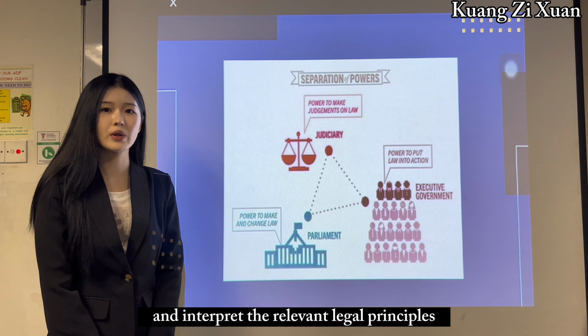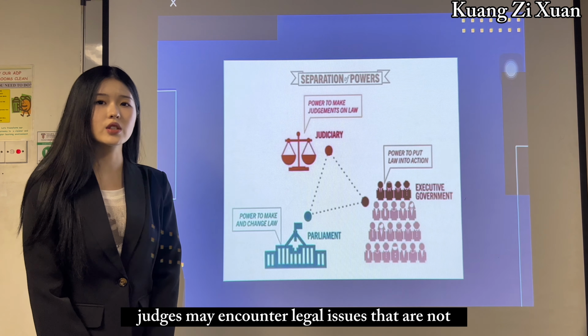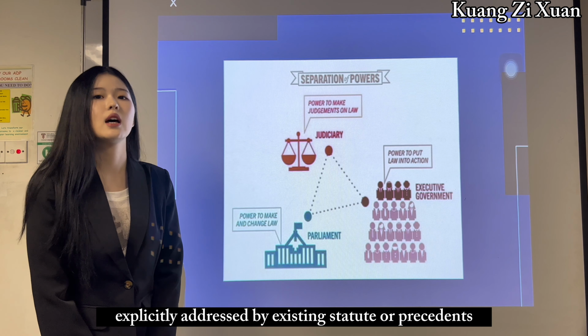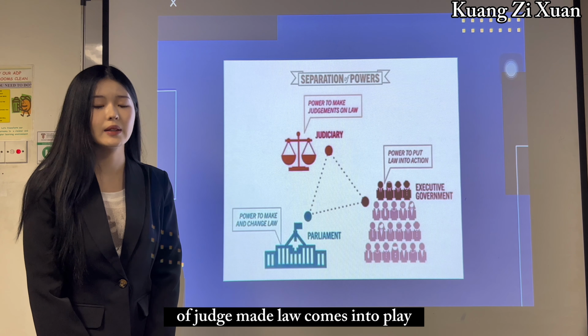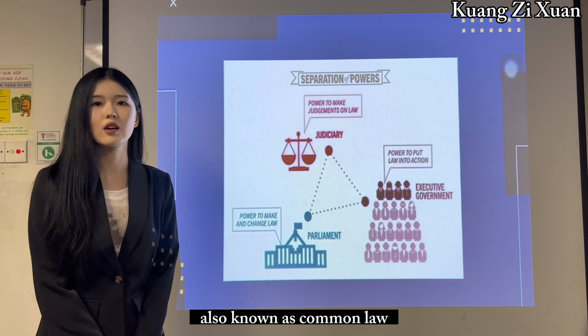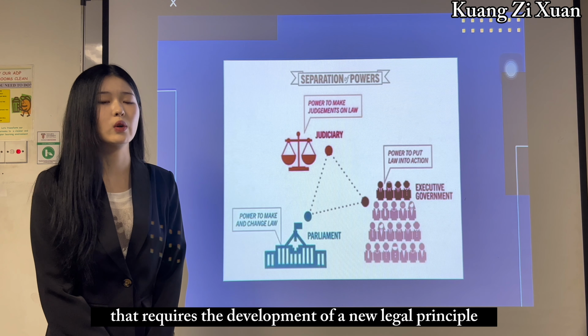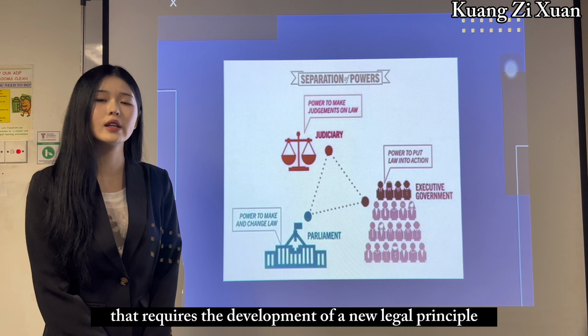However, in certain situations, judges may encounter legal issues that are not explicitly addressed by existing statutes or precedents. This is where the concept of judge-made law comes into play. Judge-made law, also known as common law, arises when a judge is faced by a legal question that requires the development of a new legal principle.